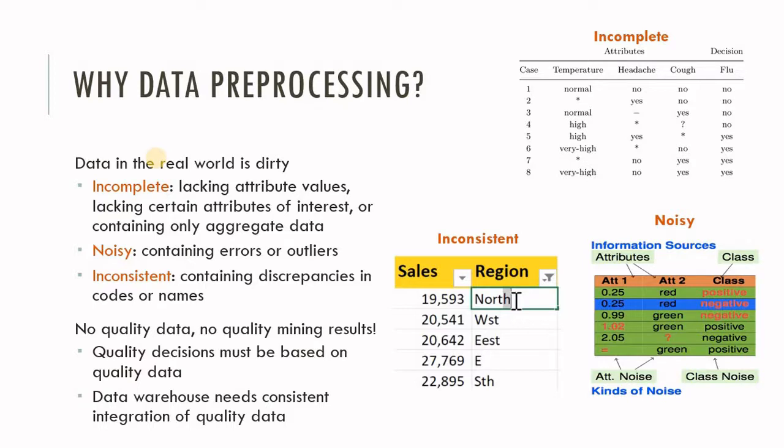You carefully inspect the company's database and data warehouse, identifying and selecting the attributes or dimensions like item, price, and units sold, the important attributes to be included in your analysis. But you notice that several of the attributes for various tuples have no recorded value. For your analysis, you would like to include information as to whether each item purchased was advertised on the shelf, yet you discover that this information has not been recorded.